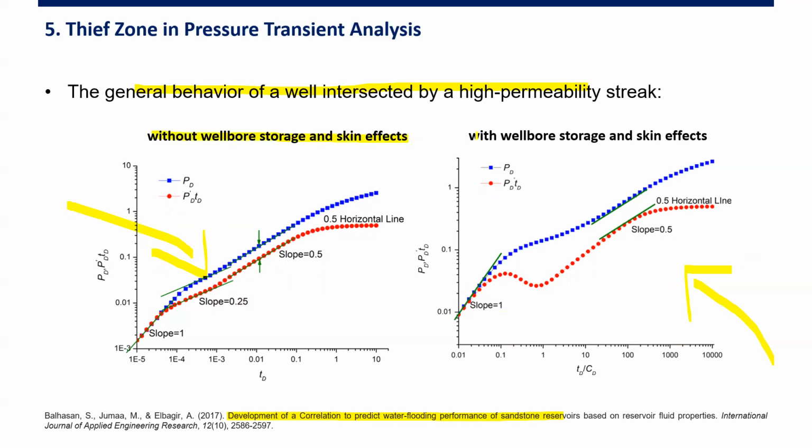The right figure with wellbore storage and skin effects. Simply put, they look like vertical fracture. All right, so if you perform pressure transient analysis, they will look like a vertical fracture. So high permeability streak thief zone behaves like vertical fracture.